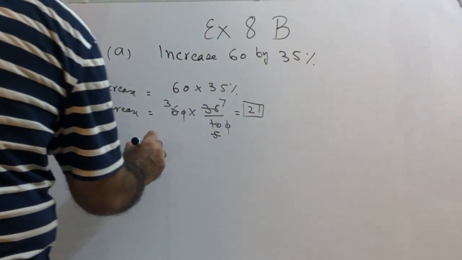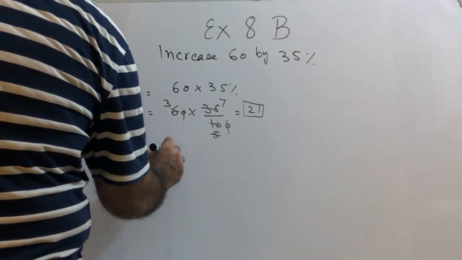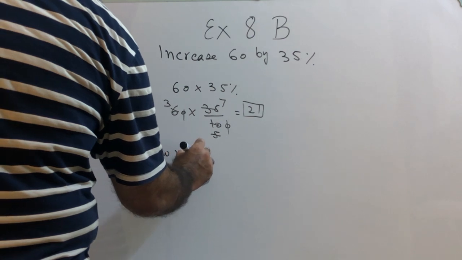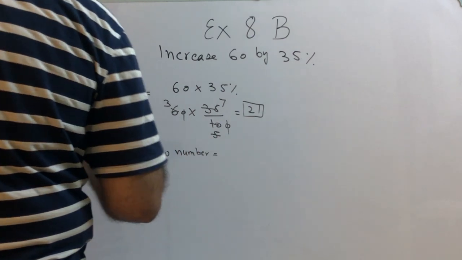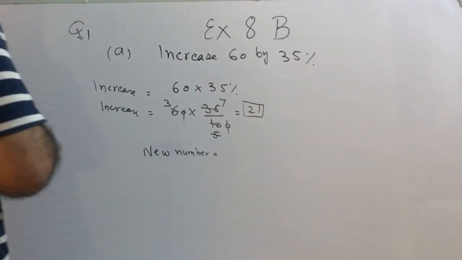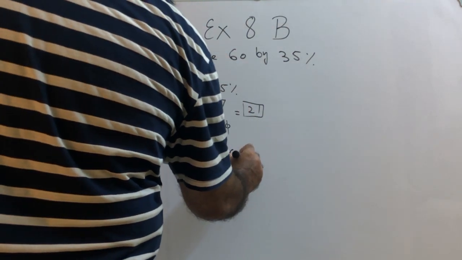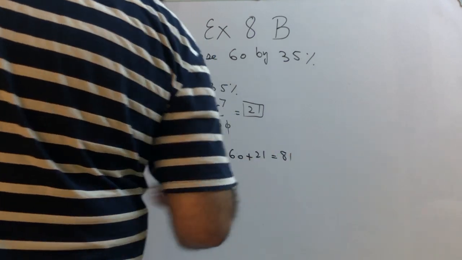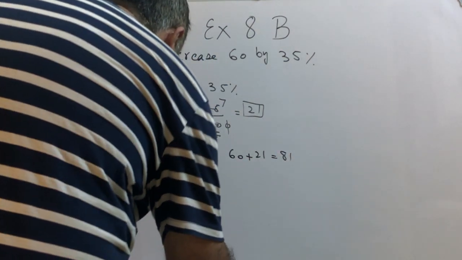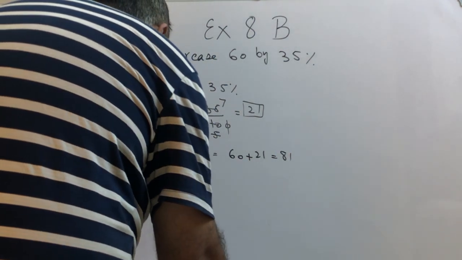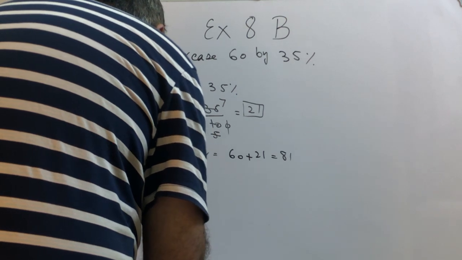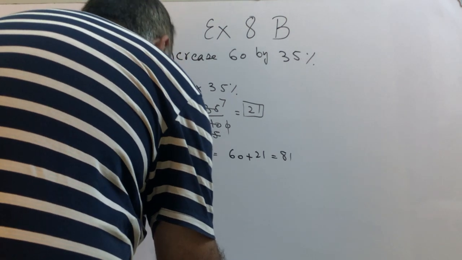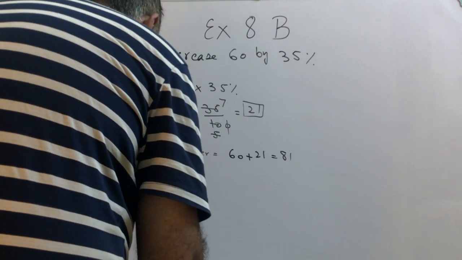So the new number will be, after increase, 60 was before plus 21. It becomes 81. So the new number is 81 after an increase of 35% in the number 60.